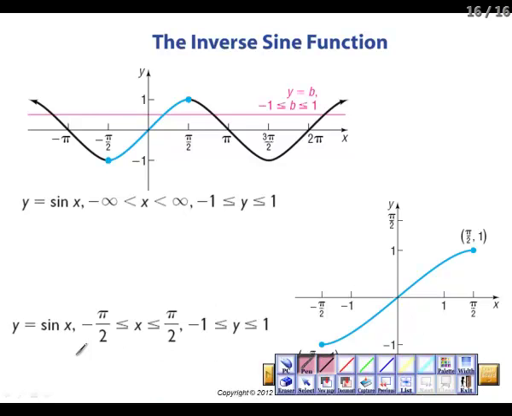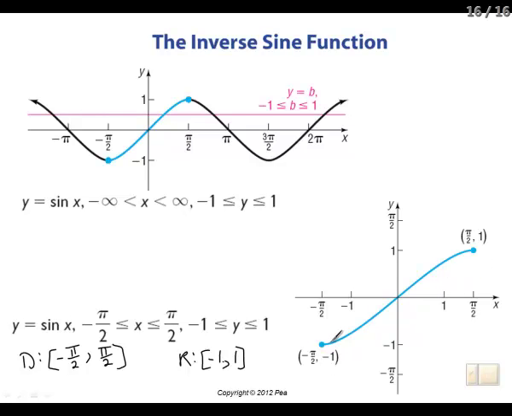So this would be our domain, negative pi over 2 to pi over 2, and here's our range, negative 1 to positive 1. Only they put it in inequality form, and we're putting it in interval notation form.